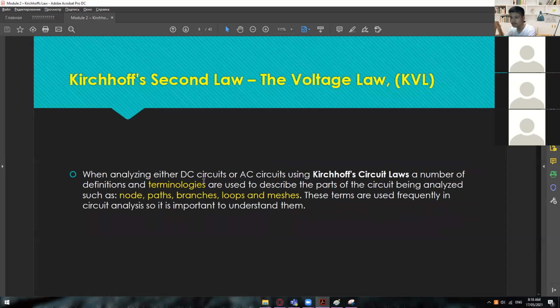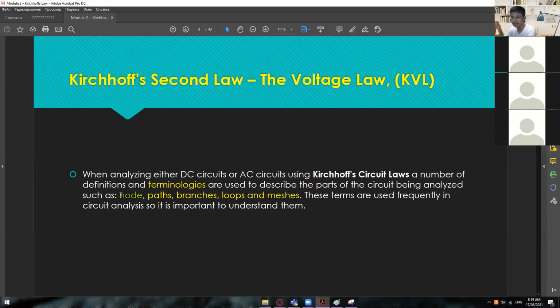All right. And also when analyzing either DC circuits or AC circuits using KCL, a number of definitions and terminologies are used to describe the parts of the circuit being analyzed, such as node, paths, branches, loops, and meshes. These terms are used frequently in circuit analysis, so it is important to understand them.